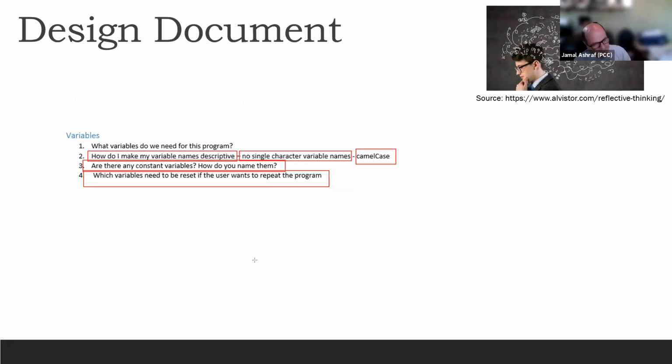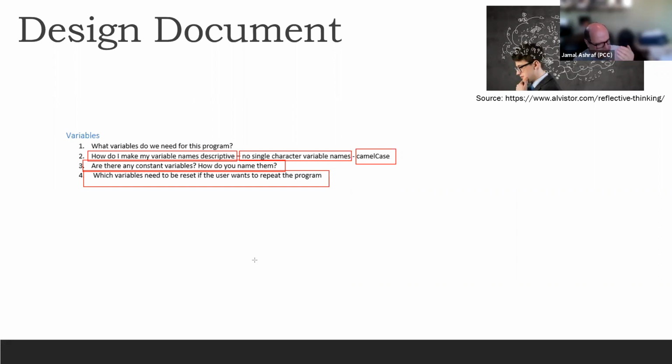But the average, I'm calculating the average. It doesn't matter what it has, because it's on the left side, so the new value is going to be put in it. So a rule of thumb is, if I have things on the right-hand side, they have to be either reset or read from the user, getting a new value. If they are on the left side, I don't have to worry about it.